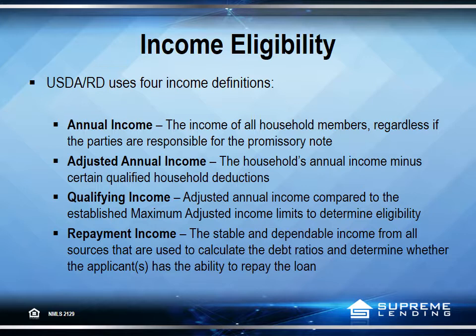Qualifying income is defined as the adjusted annual income compared to the established maximum adjusted income limits to determine eligibility. Repayment income is defined as the stable and dependable income from all sources that are used to calculate the debt ratios and determine whether the applicant has the ability to repay the loan.